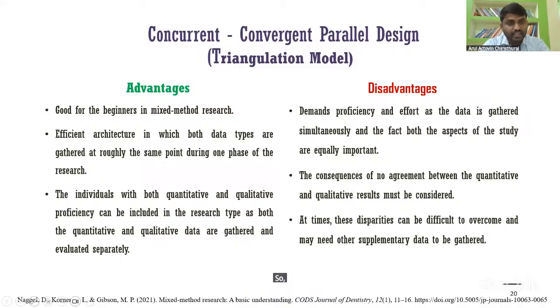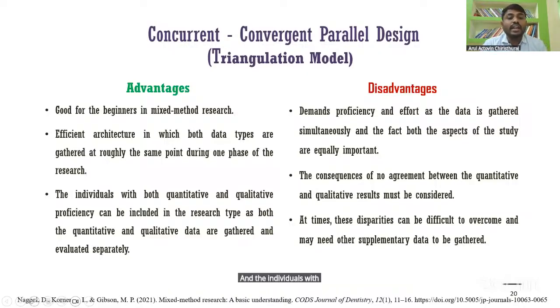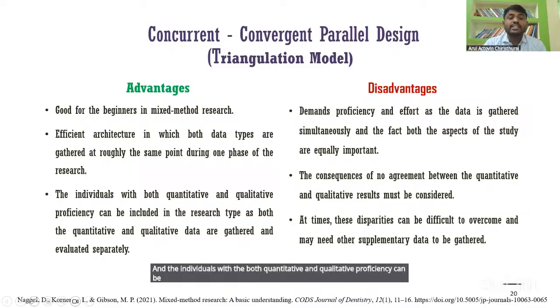We collect the data at the same time, quantitative separately and qualitative separately, and we analyze them separately. Individuals with both quantitative and qualitative proficiency can be included in the research, as both kinds of data are gathered and evaluated separately. That's the same point I mentioned.